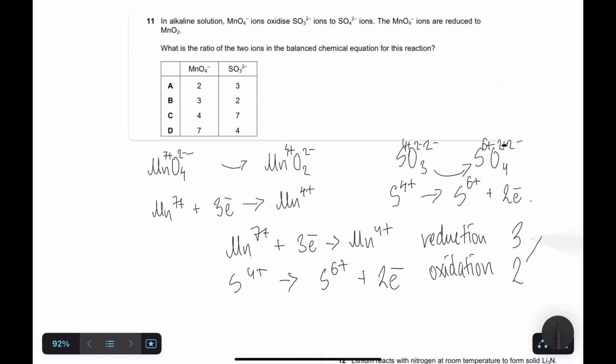If we balance the equation, the numbers should be switched. It should be 2 and it should be 3. So MnO2 should be 2 and SO3 should be 3. And the correct answer is A.